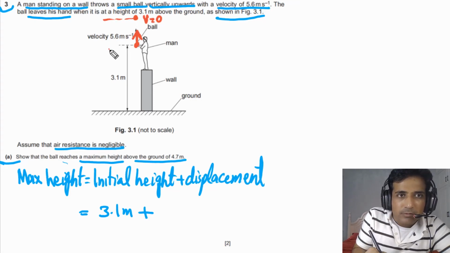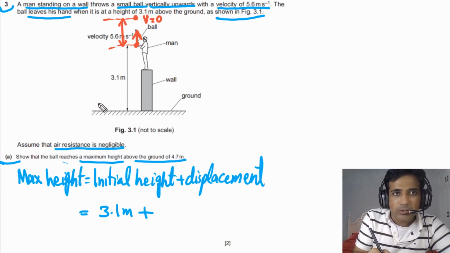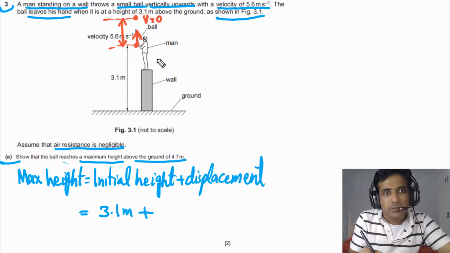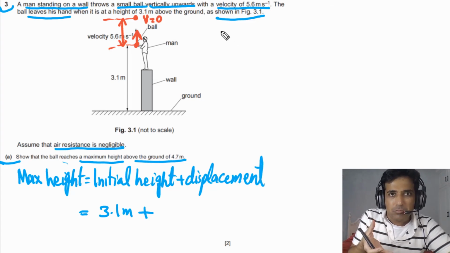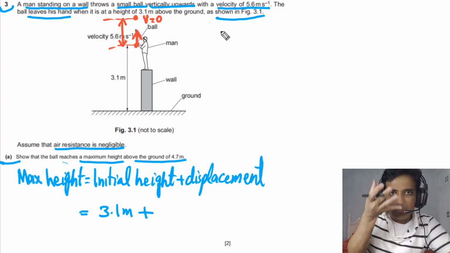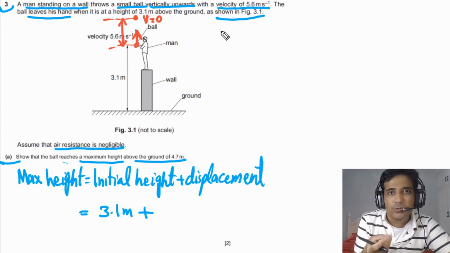We need to find the value of vertical displacement. In order to find it, we need to use kinematic equations, because the ball is moving vertically and the force acting on this ball is only gravity. So acceleration of the ball is constant, so simply we can use kinematic equations.